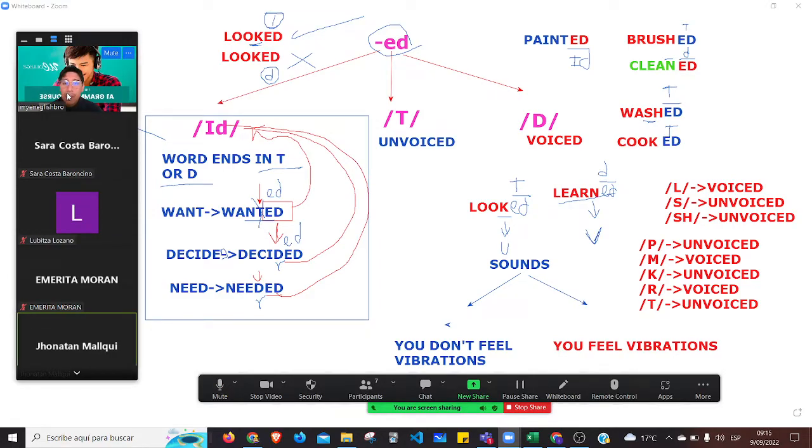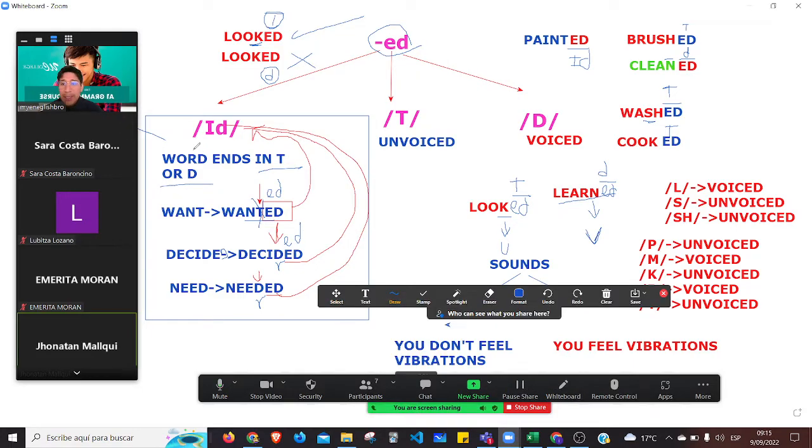Lo que está en el recuadro, ¿podría ponerlo, por favor? Okay, lo que está en el recuadro. It says words, a word that ends in T or D. Cuando una palabra termina con T o con D, y antes de esta va a ser seguida el ed, este ed va a ser pronunciado como ed.